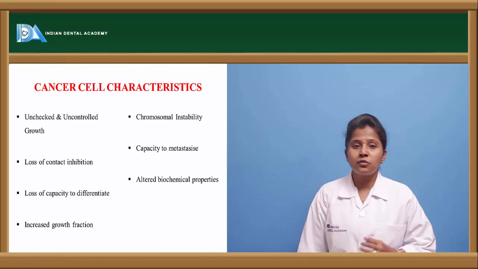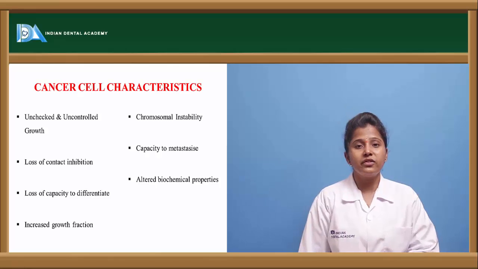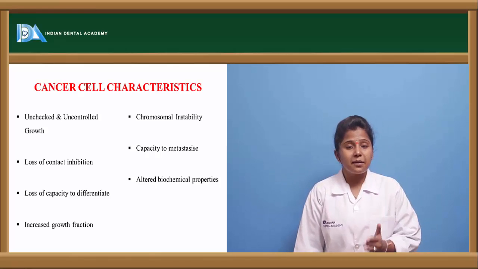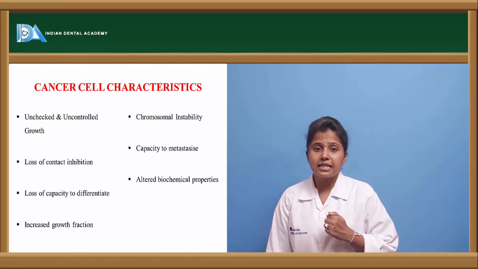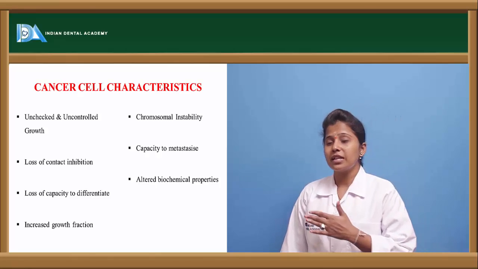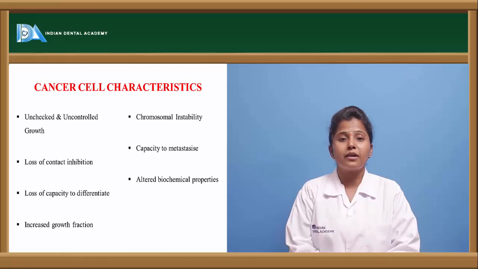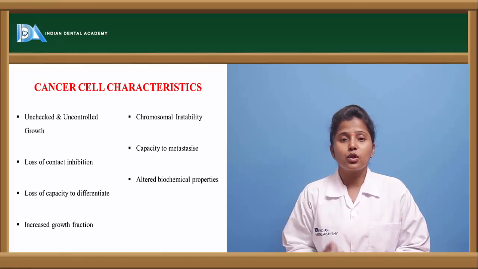And chromosomal instability. In human beings, we have 23 pairs of chromosomes in a cell. These chromosomes are stable in a human being. They are not changed. But in the cancer cell, the chromosomes are unstable. For example, in the cancer cell the chromosome pair number is not 23 pairs.